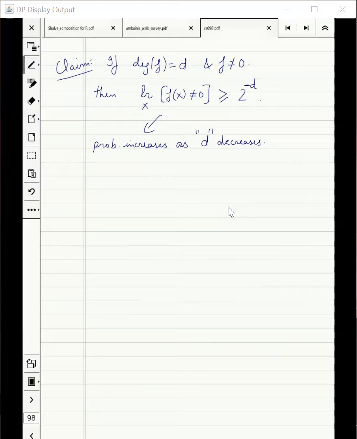If the degree is 2, then it has to be non-zero at least at 1/4 of the x. If the degree is d, then it has to be non-zero at least at 1/2 to the power d fraction of the x.